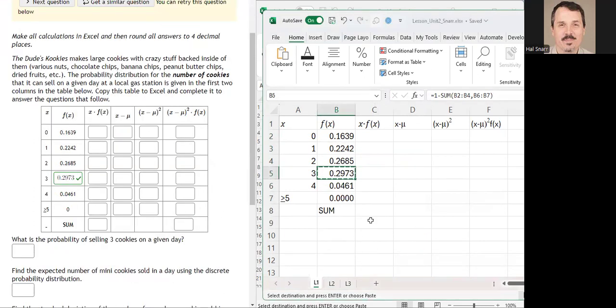Now we want to find the expected value of this distribution. If this were a uniform distribution, these probabilities would be equal. Each of these probabilities would be equal to 0.2, 1 divided by 5, because the probability of x being greater or equal to 5 is 0.